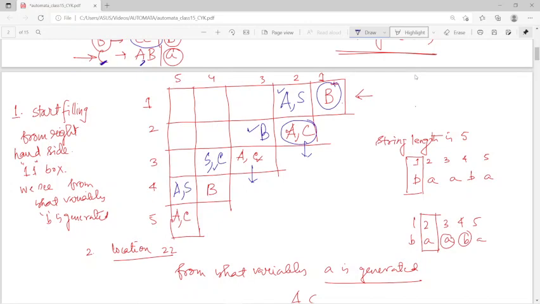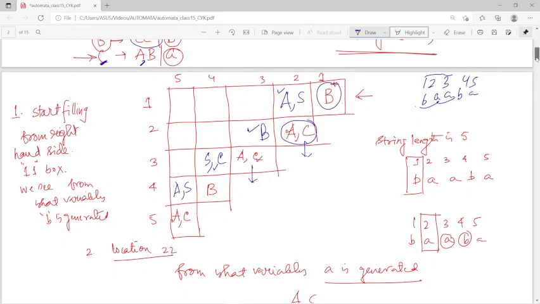So now the thing is that you will calculate the remaining cells. These cells are left: 1 and 3, that means if the string is 1 2 3 4 5, this is BAABA. So 1 and 3 is nothing but the string BAA. Let me just show the first one, then it will be better to understand.